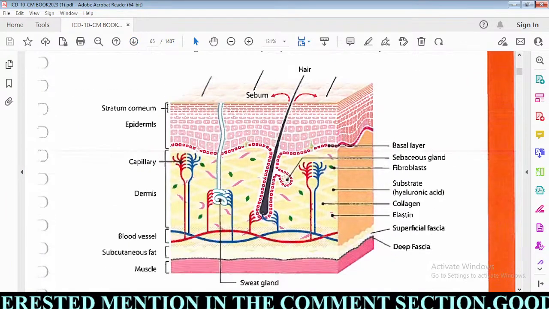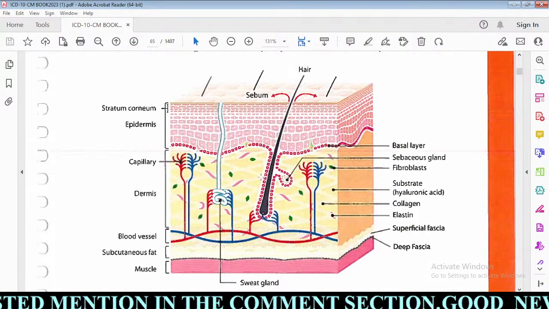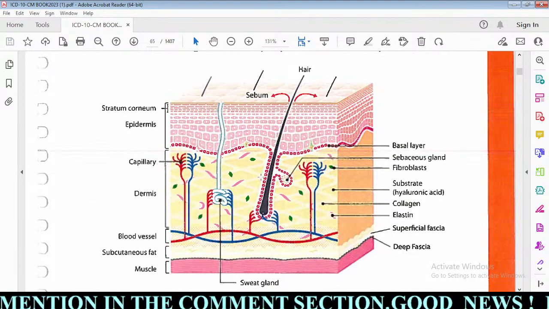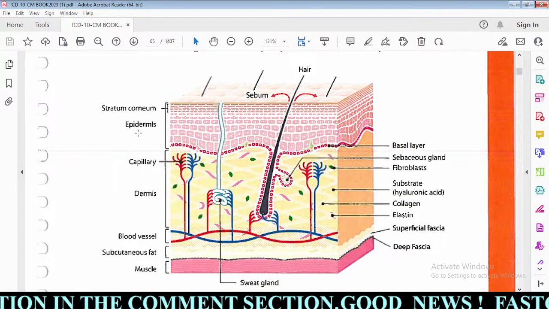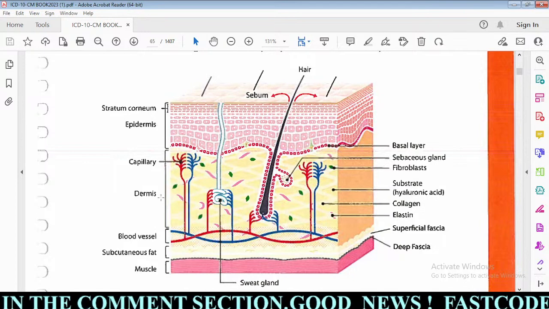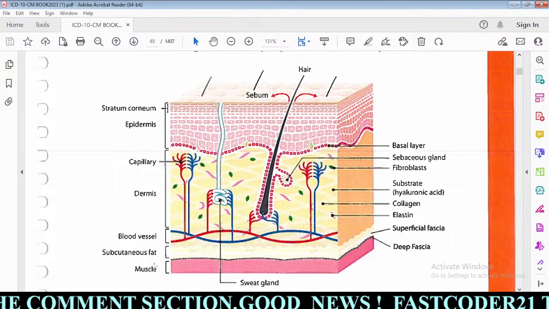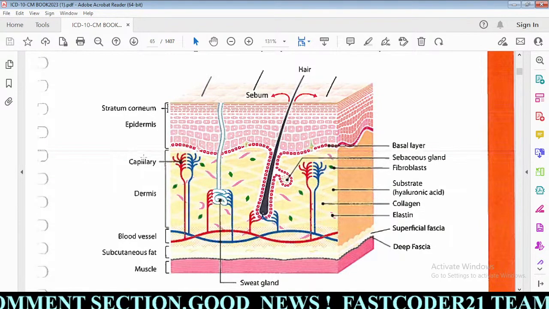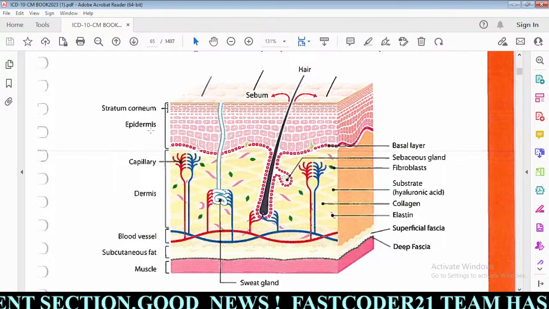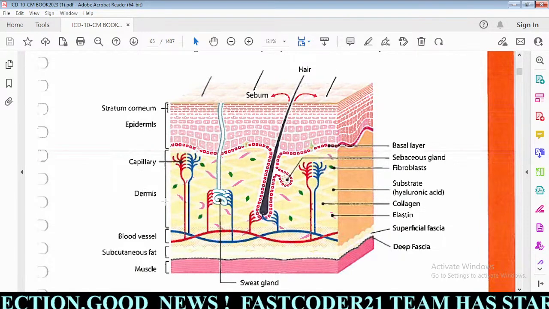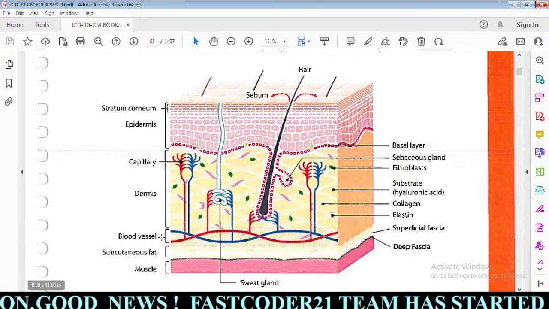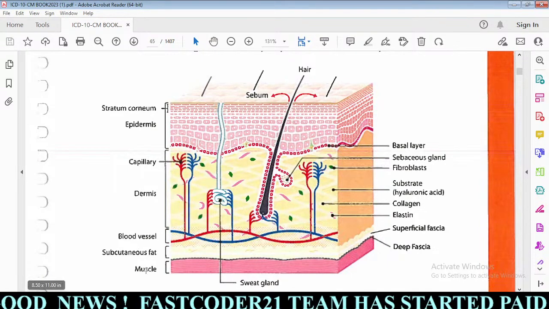Now the integumentary system. If you are coding in the integumentary system, you need to know all these things. For example, you see here epidermis, dermis, subcutaneous fat, muscle. You need to understand that epidermis is the topmost layer, next dermis, then we get blood vessels, then subcutaneous fat, then muscle.